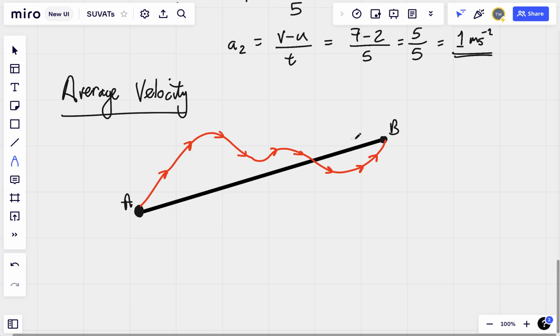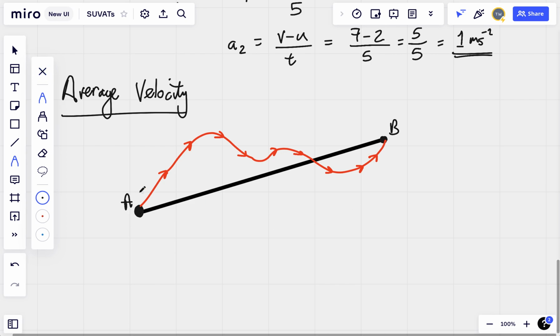So to work out the average velocity is really quite difficult, okay? Because we are not traveling in the same direction along that line, we can't really work it out simply.